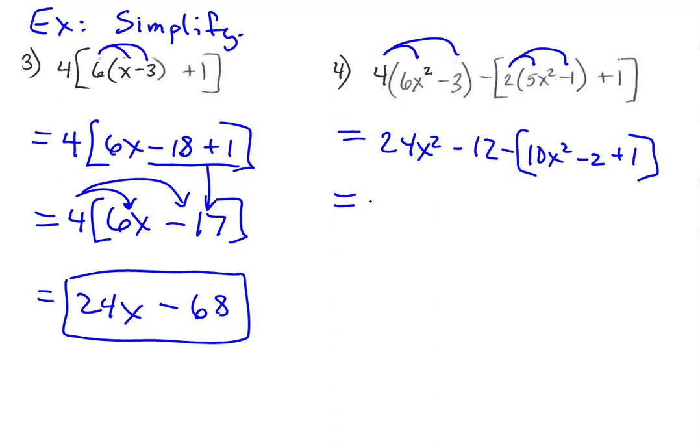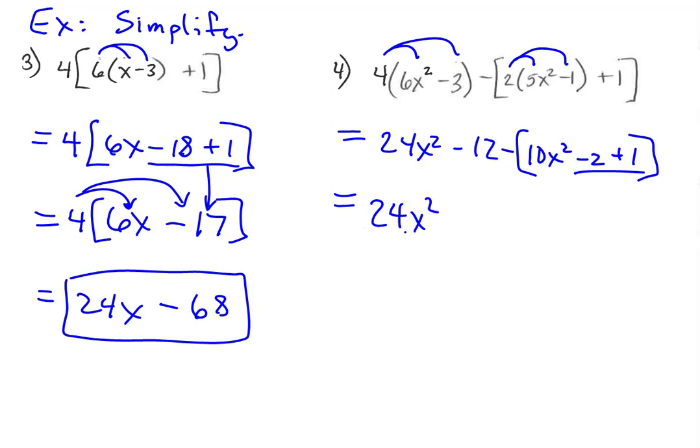Now we'll have to distribute again. There's a negative sign out in front of the brackets that we were just working on. That negative sign needs to be distributed inside. But actually, before we do that, why don't we combine the like terms that we see inside the brackets? Really, there are a couple different steps you could take here, but I'm going to do that first.